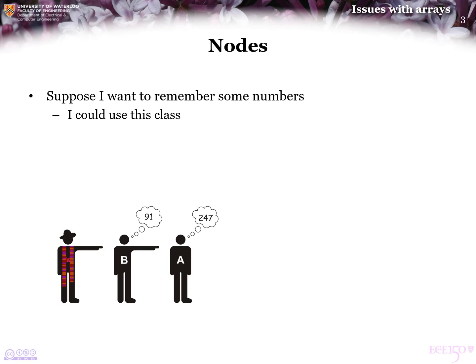Similarly, if I wanted to remember a third number, I could find Casey. Casey is told to remember both Brooke and the number 42. Once again, at this point, all I have to do is remember Casey, because from Casey, I can get Brooke, and from Brooke, I can get Ollie.